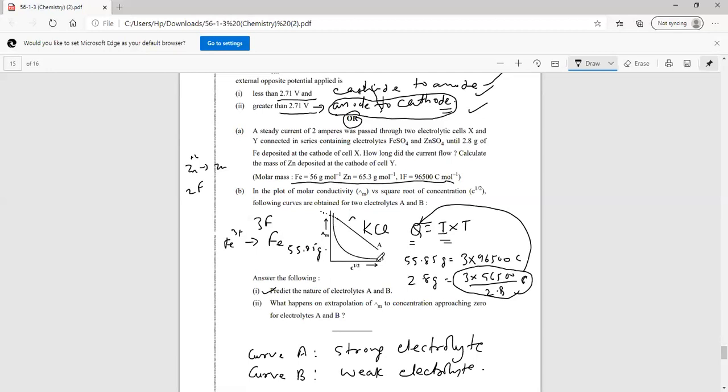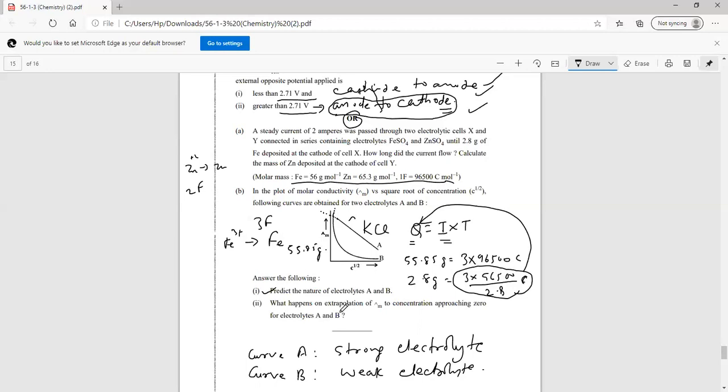But in case of weak electrolyte, if it is there in the solution, then some part will remain undissociated and it will show some molar conductivity, and since it is running parallel to the y axis, so it will never meet at 0.